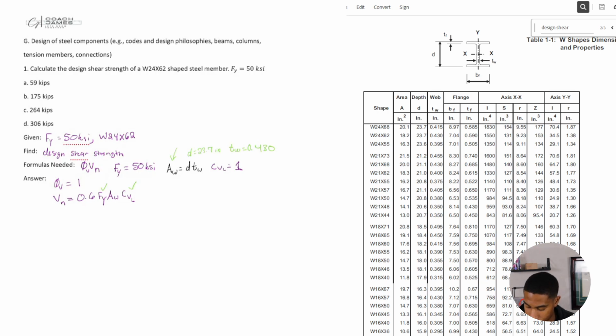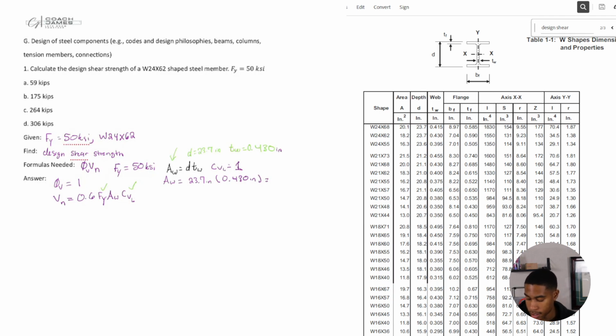So now we can get the area of our web, right? So now say area of the web is equal to 23.7 inches times thickness of our web, which is 0.430 inches.